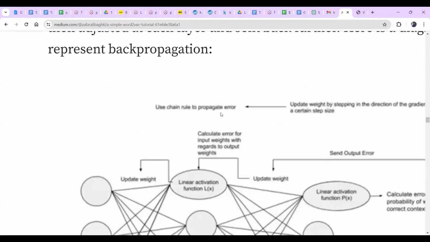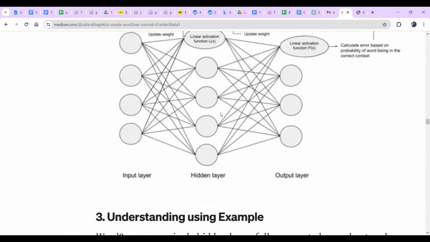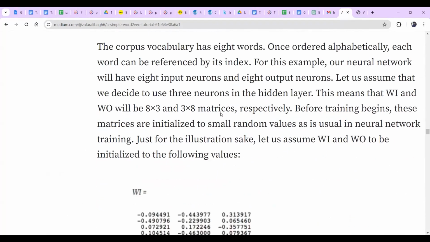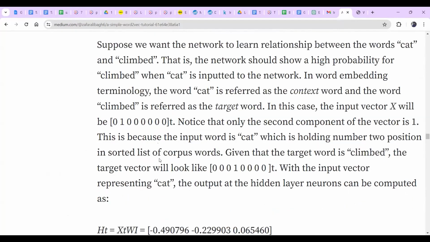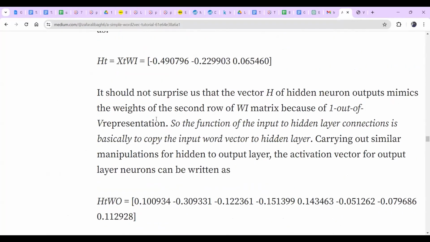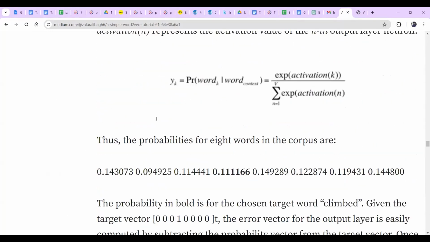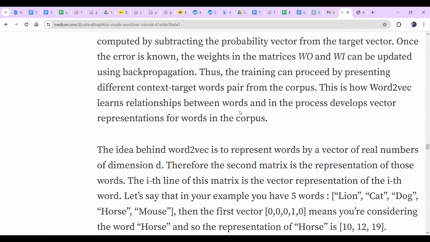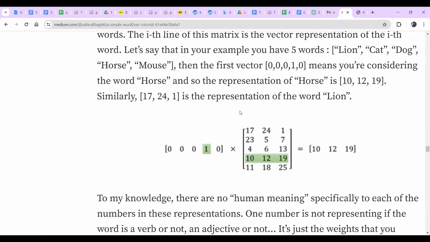They use the chain rule to propagate the error, which is what we do in backpropagation. This is all fine. In numbers, you'll get to see this kind of output. You'll see this equation, which is fine. You'll get the conditional probability, which you can get from the neural network.